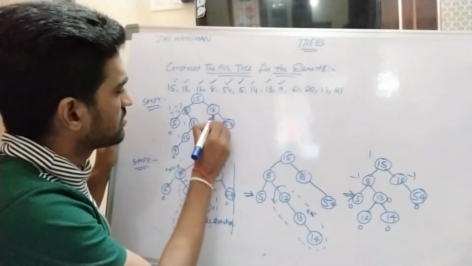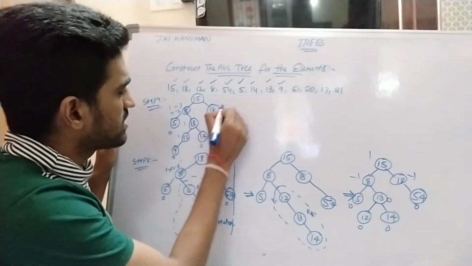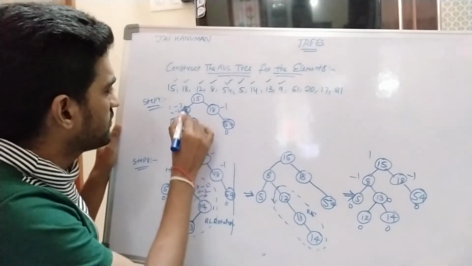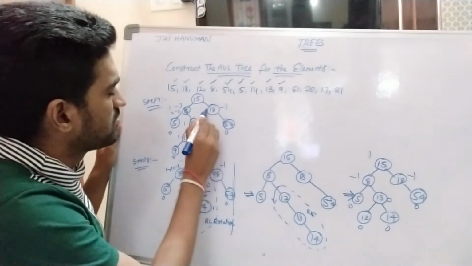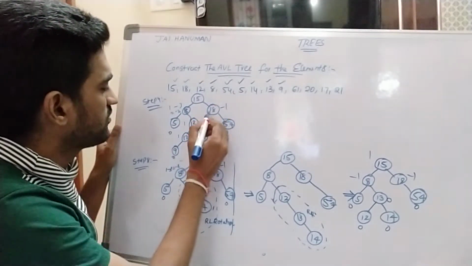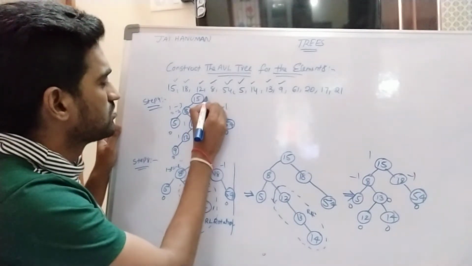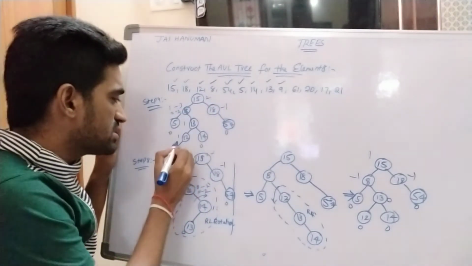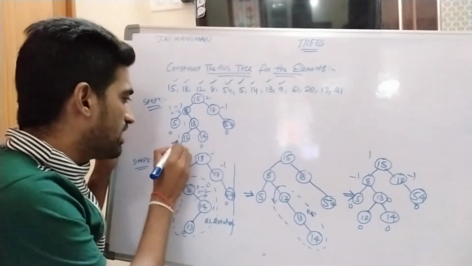For this, 0 minus 1, minus 1. For this one, 1, 2, 3, 4. 4 minus 2, 2.